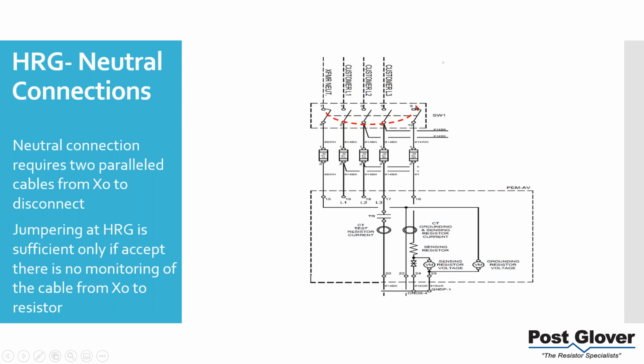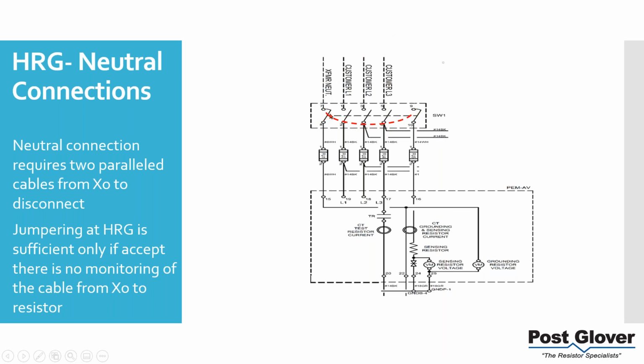And the answer is you can. This sensing resistor neutral right here, or this input right here, is actually used for a current for a voltage loop here to monitor this neutral. So if there's something that goes wrong with this neutral, if it opens up, we're monitoring that neutral. And if you have it like this, you're going to be fine, except for one thing.